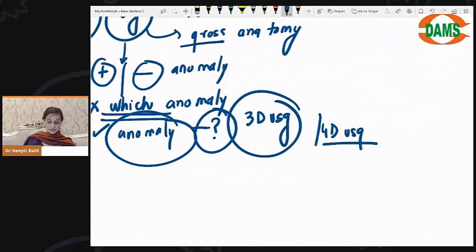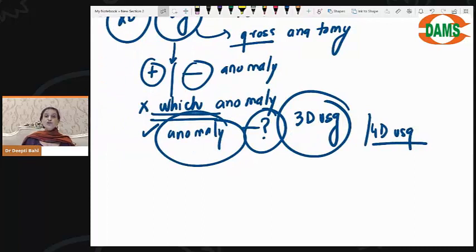So these days we have 3D and 4D ultrasound machines available, right? So once you know that the anomaly is present and I want to know which one it is, then it will be a 3D scan. So a routine ultrasound is the first investigation, but when they ask you the investigation of choice, it will be a 3D ultrasound.